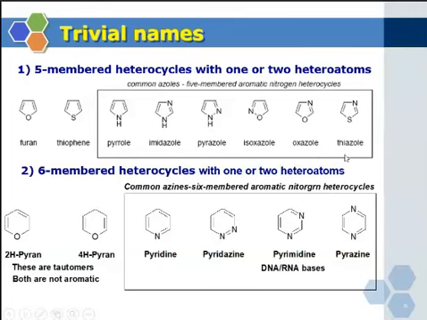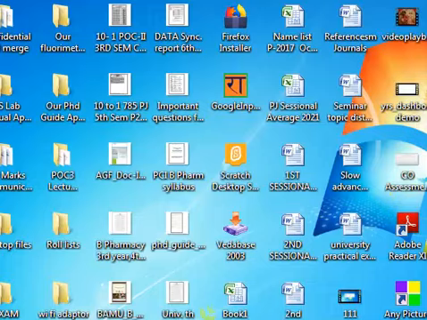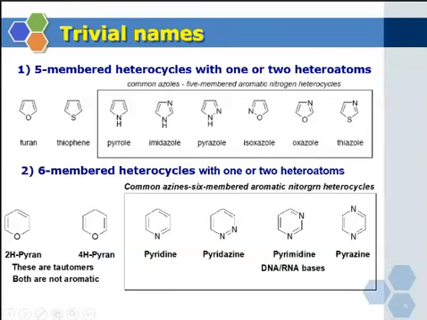Now let us see the 6-membered heterocyclic rings with one or two heteroatoms. When a six-membered heterocyclic ring bears one heteroatom, oxygen, in the cycle, then it is called pyran, to be specific, 2H pyran.